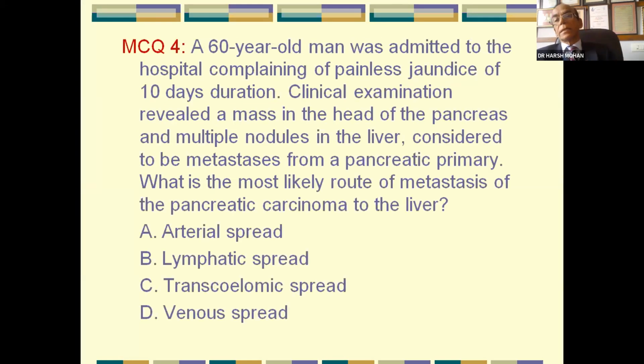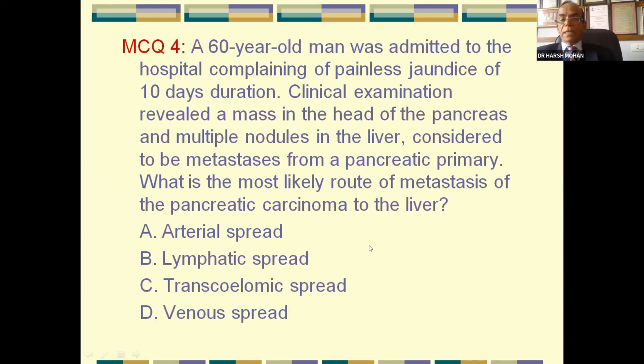Now, this is a clear clinical scenario-based question where you find that a 60-year-old man was admitted to the hospital complaining of painless jaundice of 10 days duration. Clinical examination revealed a mass in the head of pancreas and multiple nodules in the liver, considered to be metastasis from a pancreatic primary. So what is the most likely route of metastasis of the pancreatic carcinoma to the liver?